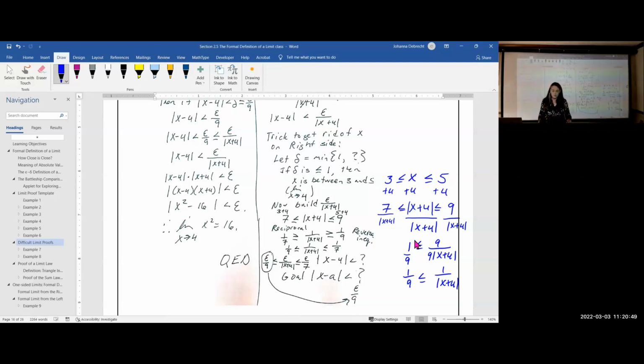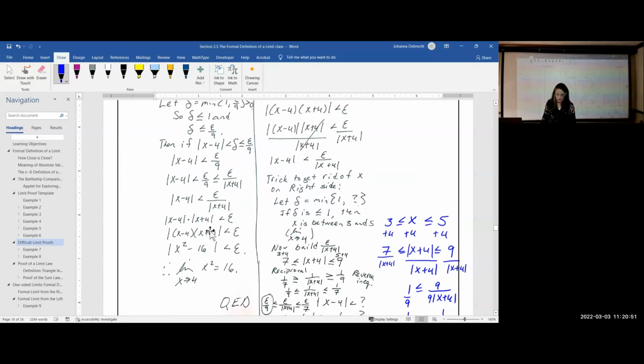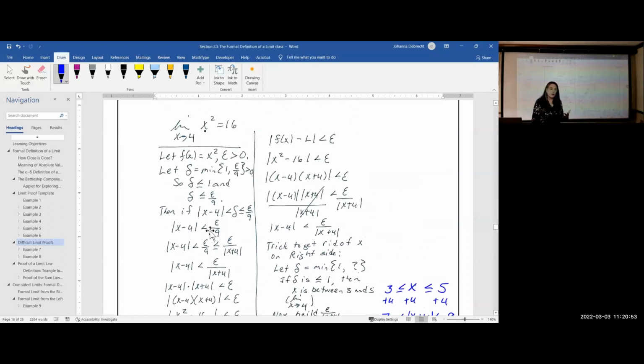So when we start the formal proof, we start the same way every time. We define what our function is, let f of x equal x squared, and let epsilon be greater than 0. So that's our typical steps that we follow right here. So we've got, if I can get my pointer to show up again.